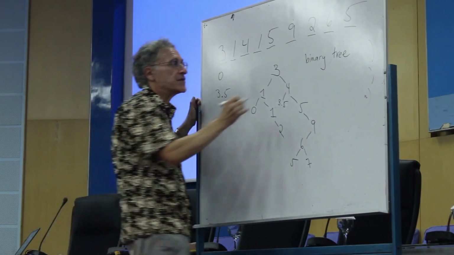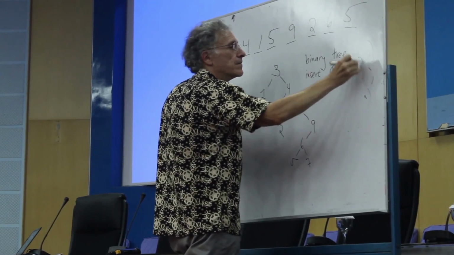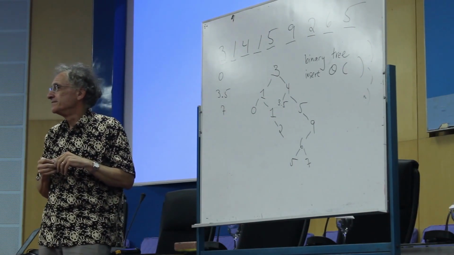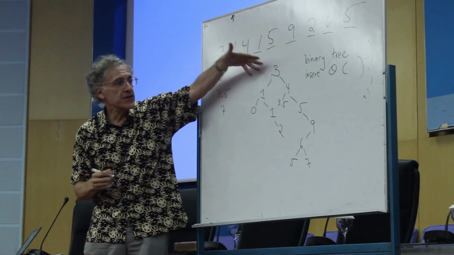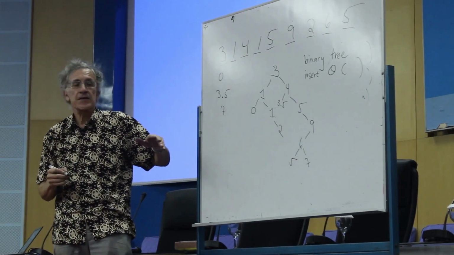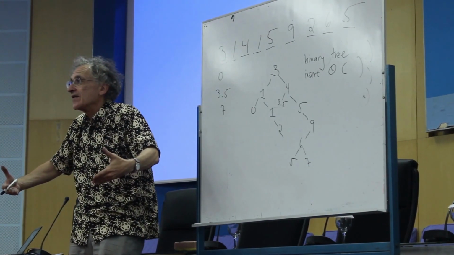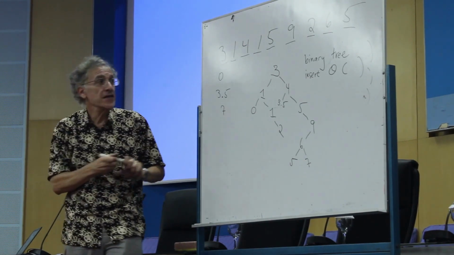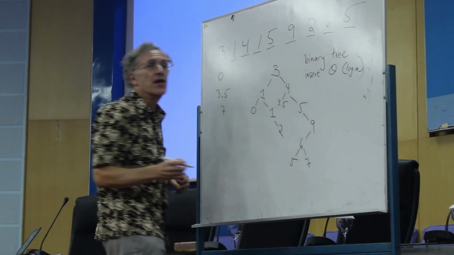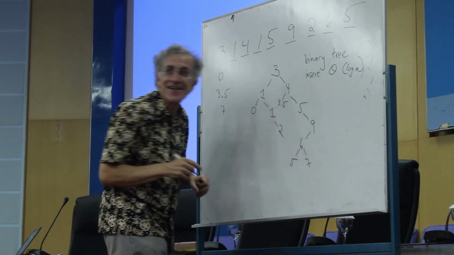How expensive is it to insert? Well, I might need to go to the very bottom. How many levels? Well, maybe the tree is very nice and balanced. If it's balanced, then the number of levels is log n. But maybe the tree is very long and thin.